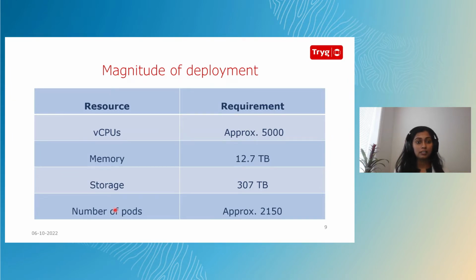By that I mean for every single Kubernetes cluster in our production environment, we need approximately 500 vCPUs, 12 terabytes of memory, 300 terabytes of storage, and more than 2,000 pods. And this is just for one Kubernetes cluster, and at any given instance, we run about five of them. So the memory optimization was the need of the hour here.